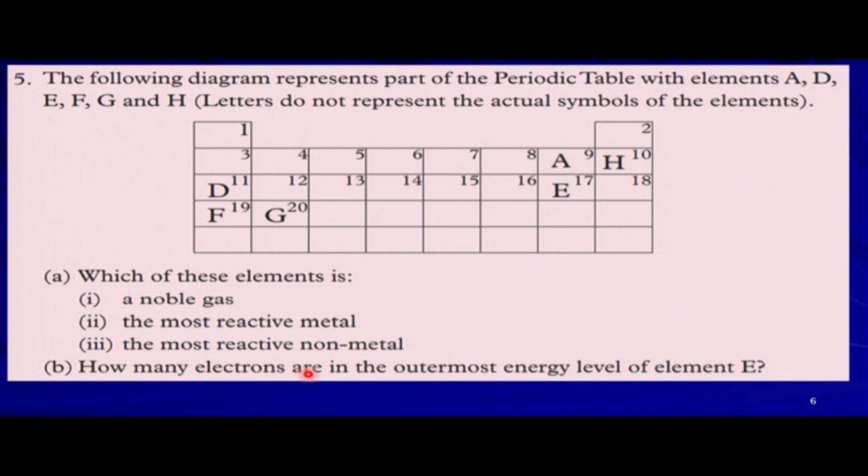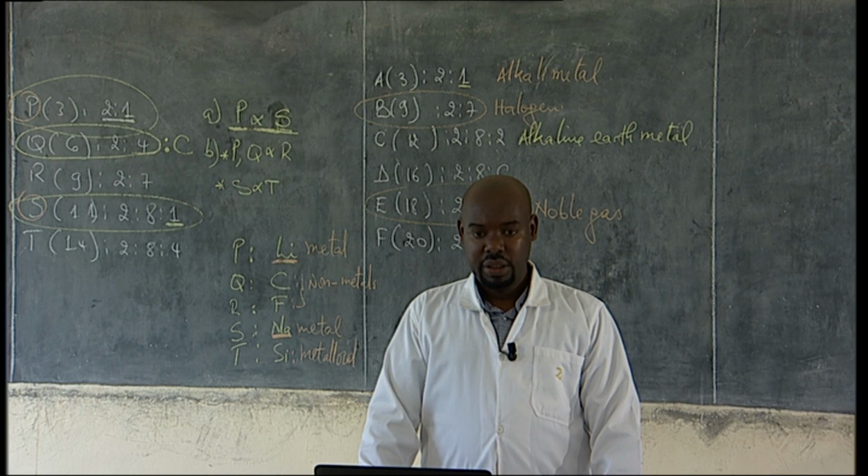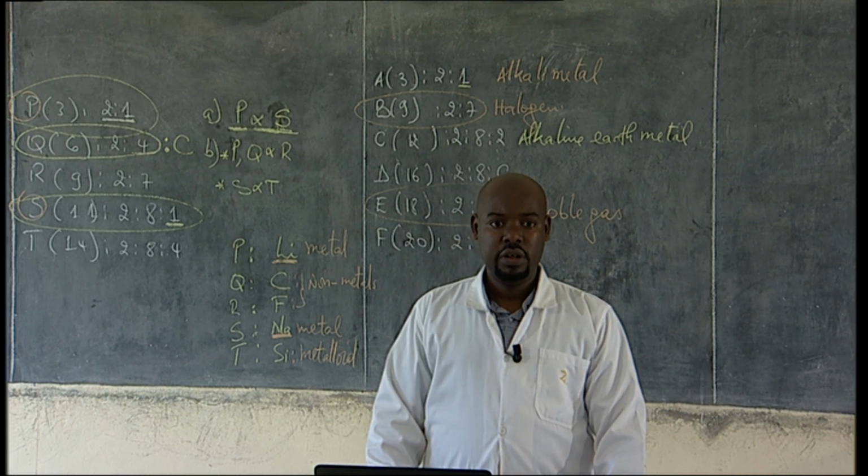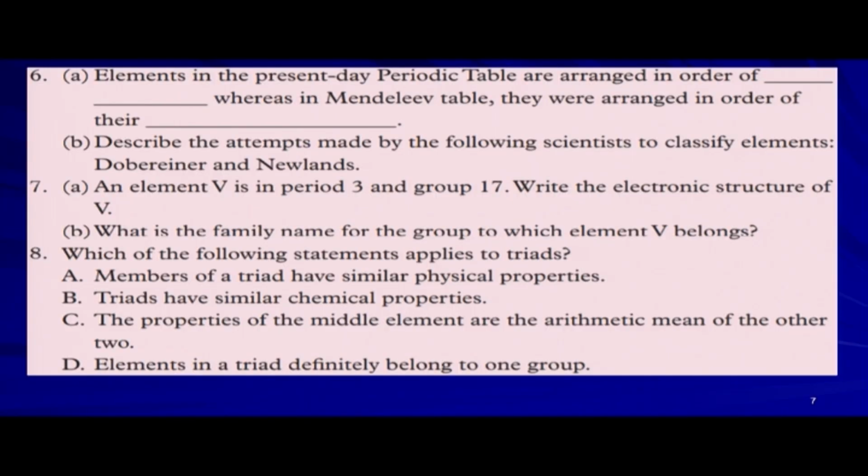How many electrons are in the outermost energy level of element E? Element E is in group 17 or group 7. So the number of electrons in the outermost energy level will be 7. Okay? That is 7. And here we have the last set of our exercises.